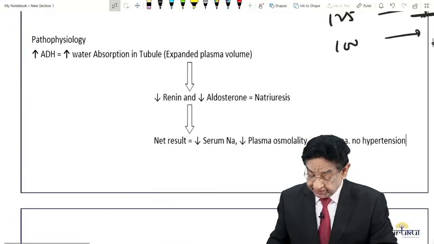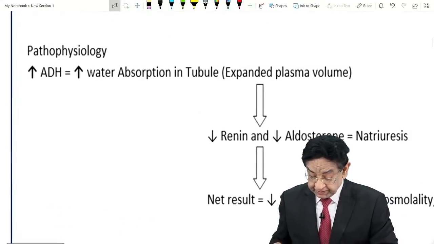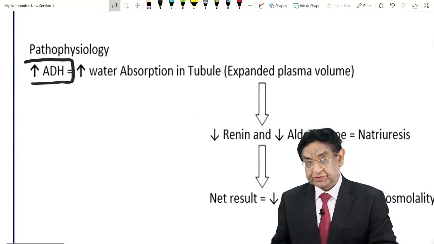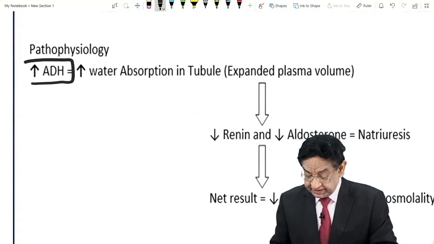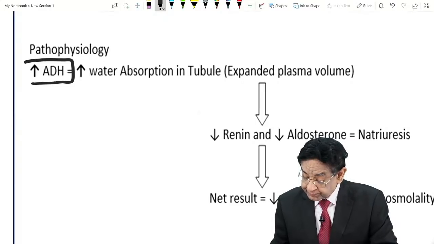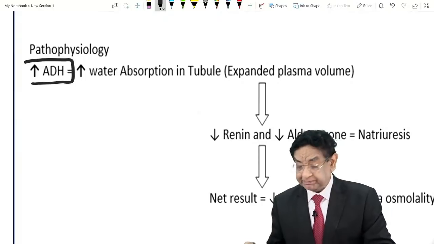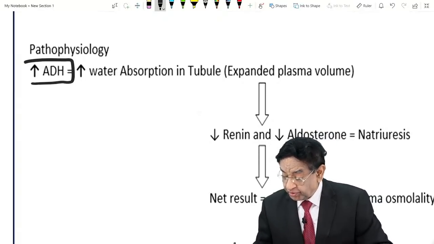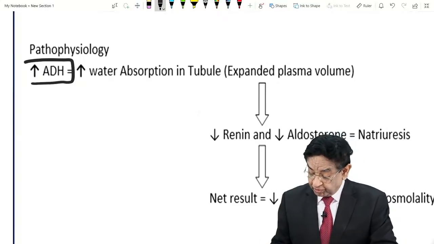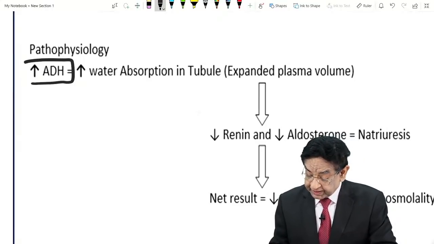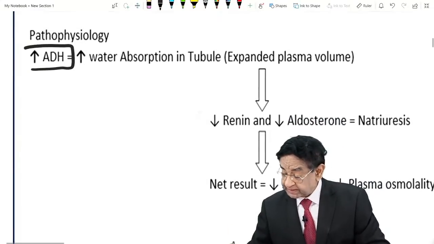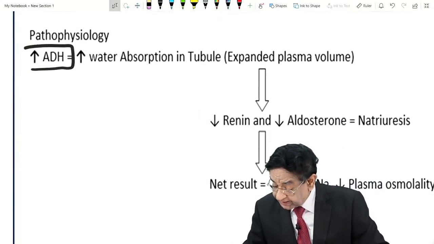So friends, increased ADH, the pathophysiology of SIADH: increased water reabsorption, and that causes expanded plasma volume, and that leads to what?